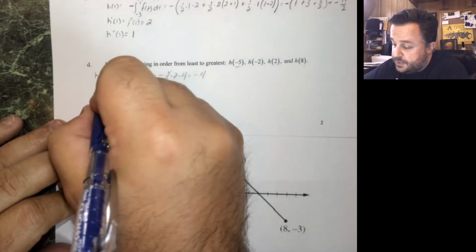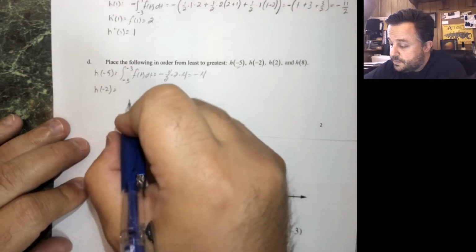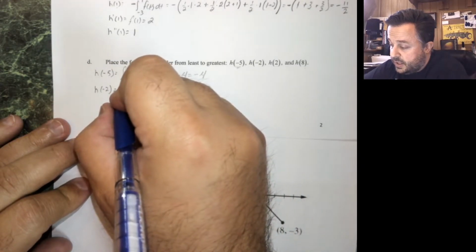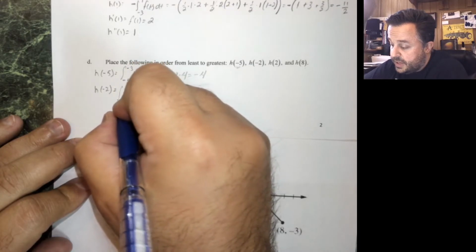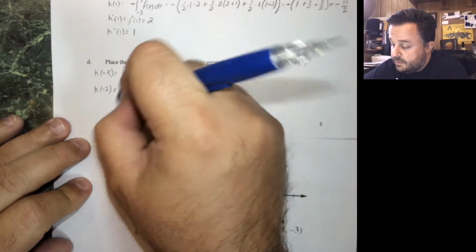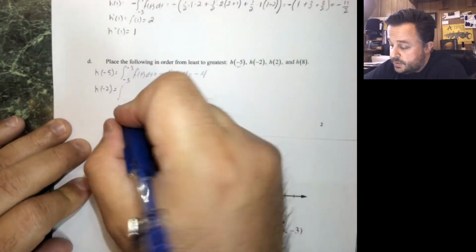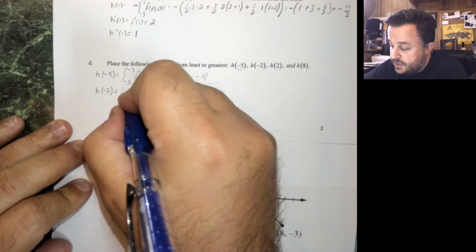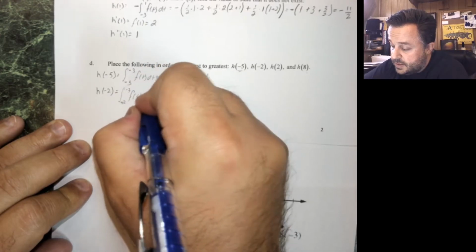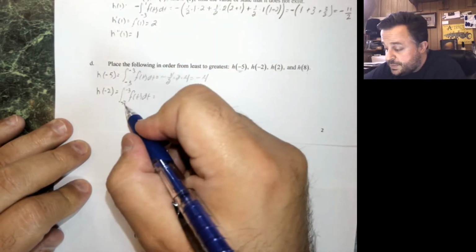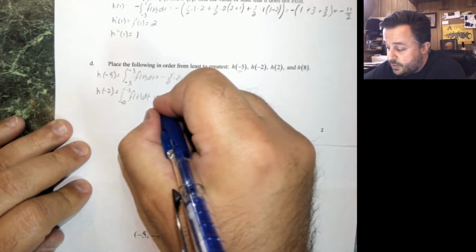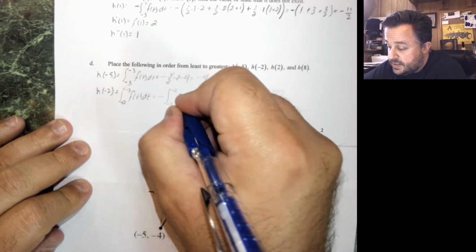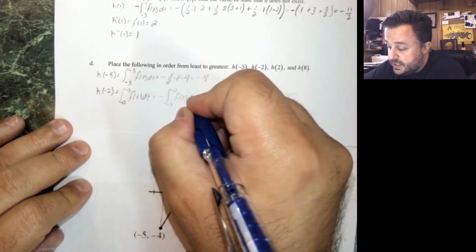For h of negative 2, we are working with the integral from negative 2 to negative 3 of f of t. Because this bound is smaller than this one, I'm going to negate the area from negative 3 to negative 2 of f of t dt.